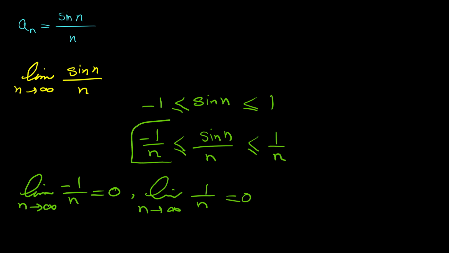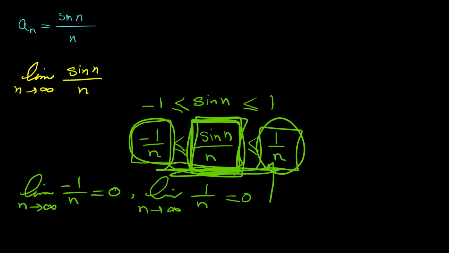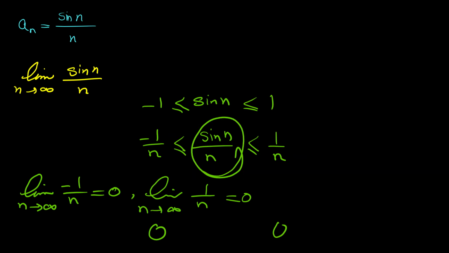The limit of the left side is 0, the limit of the right side is 0. So the limit of the middle term should also be 0, because it is trapped between these two. They go towards 0. And because this is between them, this should also go to 0. And this is basically based on the squeeze or sandwich theorem.